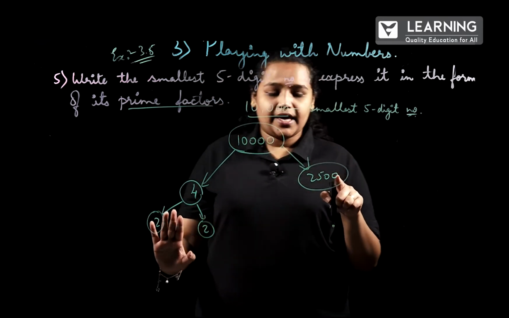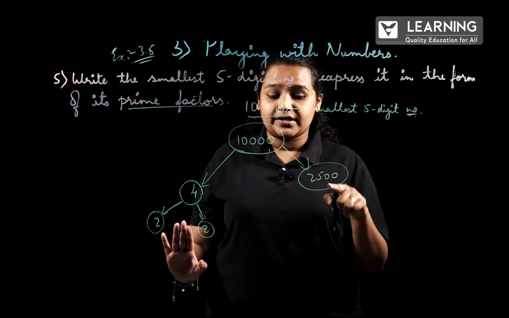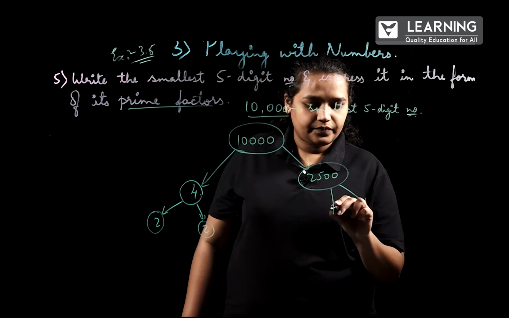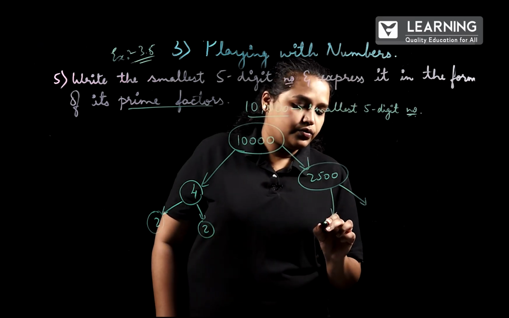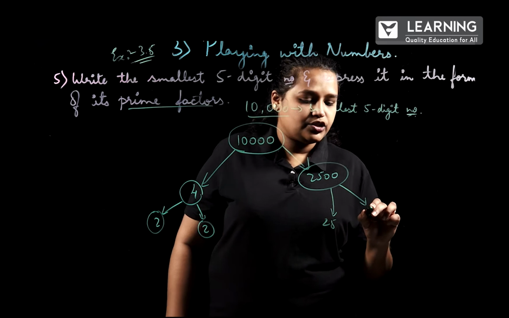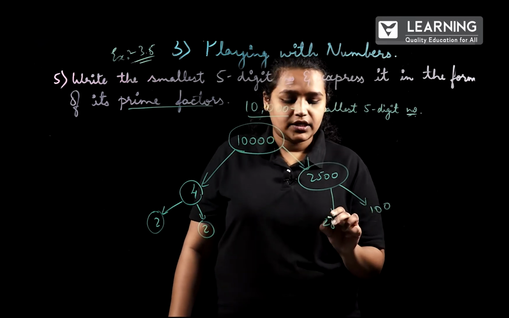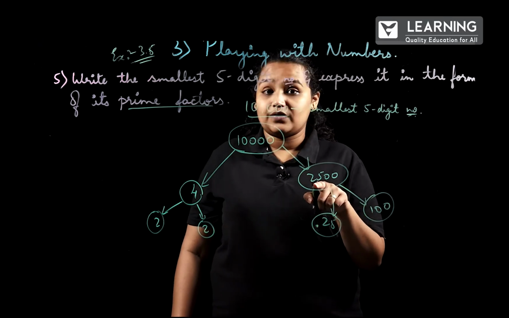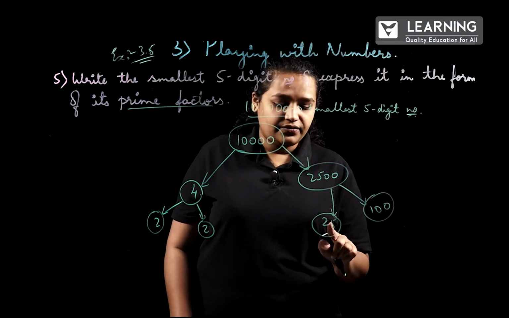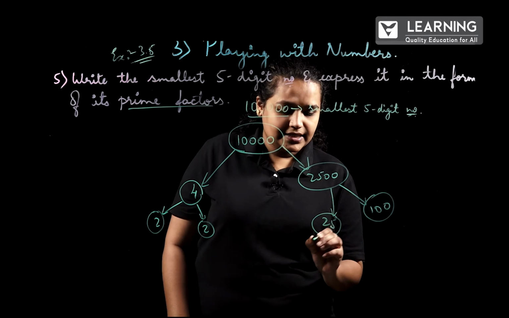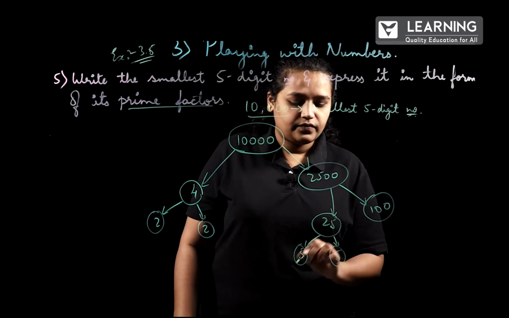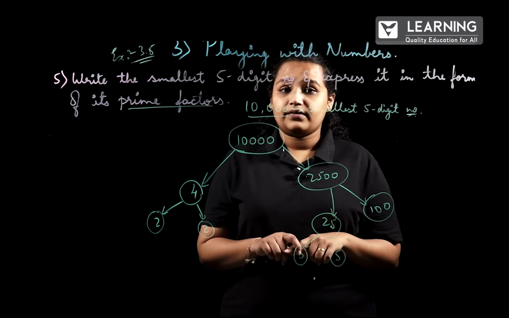So here is 2,500. Now we'll split it again. It will be 25 into 100. Correct? 25 into 100 will be getting 2,500. So this 25 can be written as 5 into 5. 5 5s are 25, right?